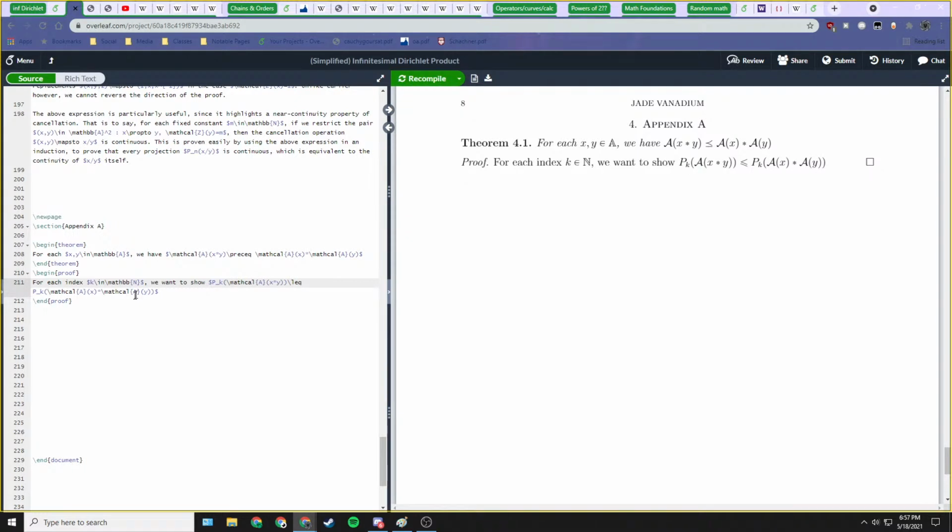Okay, so for each of our indexes k, we want to show that the kth projection, the projection onto the k direction of a of x times y, is less than or equal to this projection. That's what this precession means. If we're saying this precedes that, then we want each of the projections to be less than or equal to the corresponding ones.